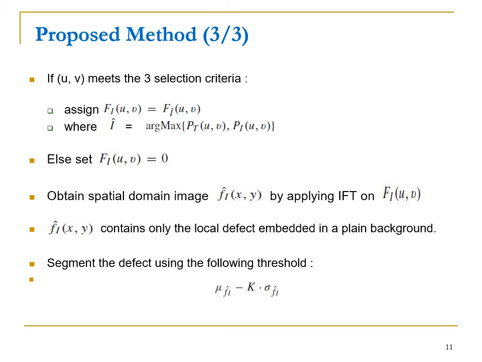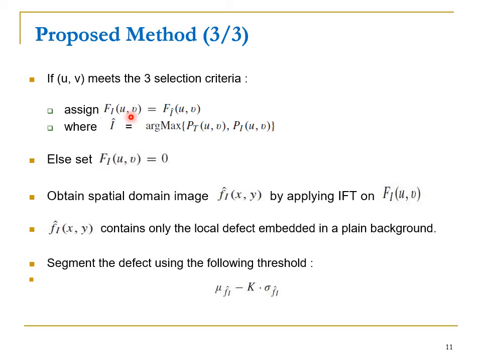If it indicates a defect, then we have to isolate it, and what we do is that we have a spectral matrix F sub I u comma v. If we take the inverse Fourier transform of the spectral matrix, then we should have the spatial image that contains only the defect. So how to fill this spectral matrix?